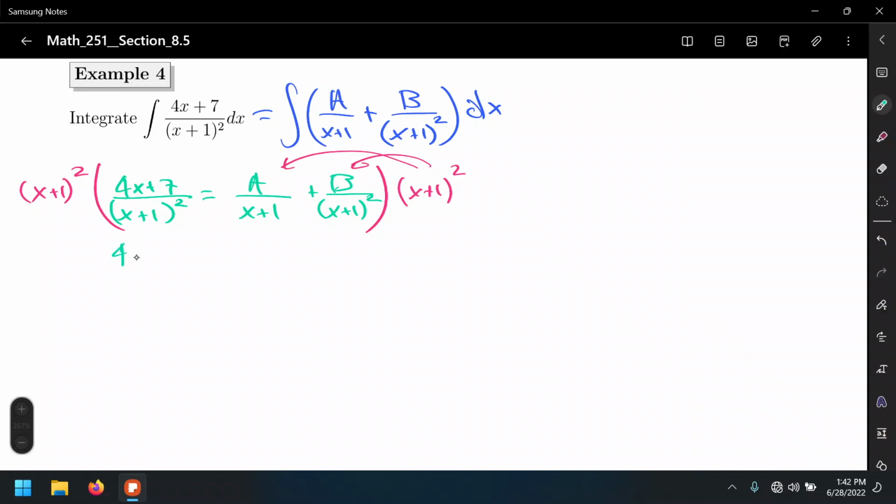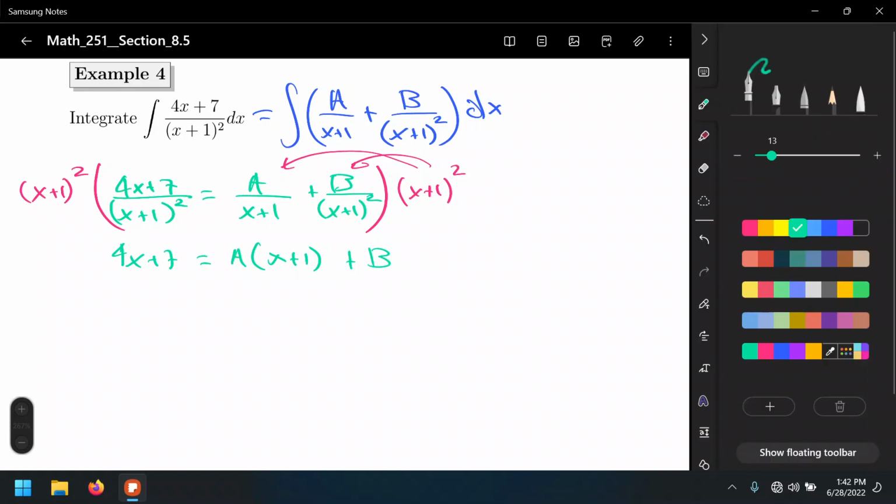So that's going to leave us with 4x plus 7 equals A times (x plus 1). We're going to be left with one factor of x plus 1 plus, in this case, cancel all powers of x plus 1 to be left with only B. And that's going to be, again, our basic equation.